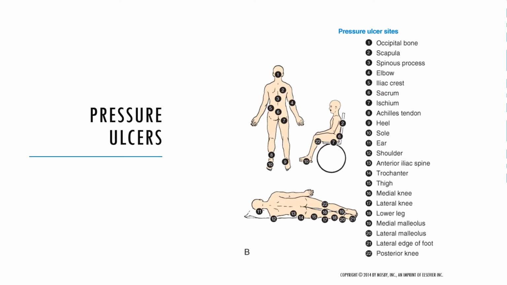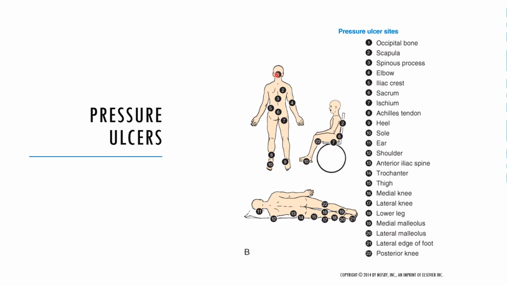Let's talk about the prominent pressure points while standing, sitting, or in a sideline position of immobile patients. If you can see here, while you're lying in a supine position, the first thing is the occipital region.